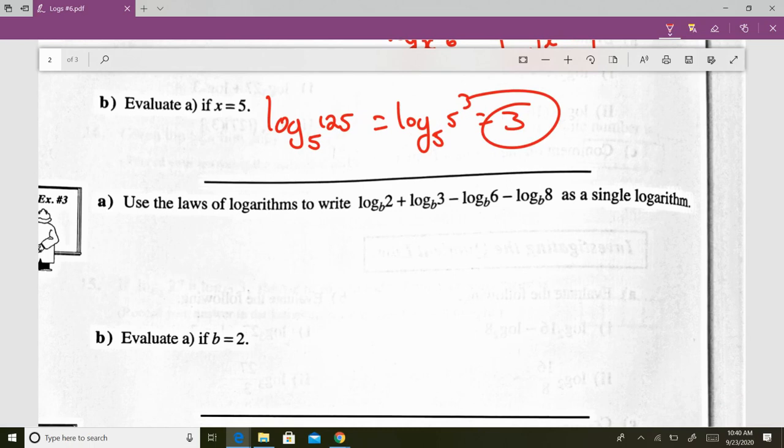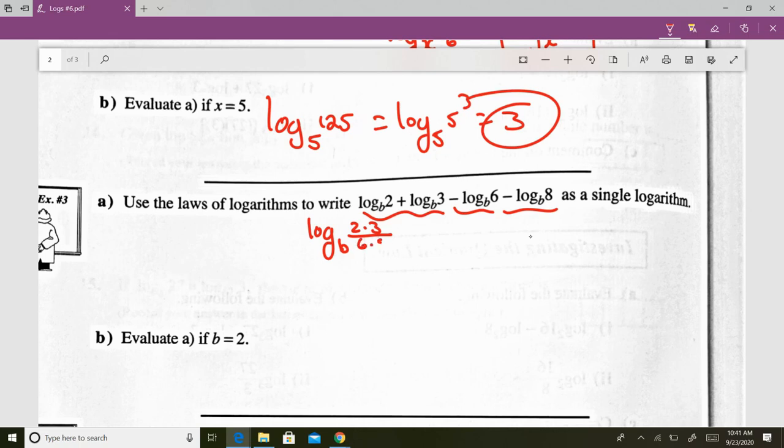All right. Write these as a single logarithm. We're going to do it in one step. If we are adding, we are what? Multiplying. So log base b 2 times 3. Anything being subtracted is divided, right? So they go to the denominator.